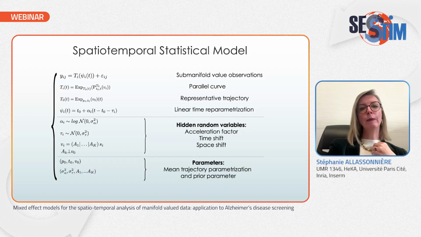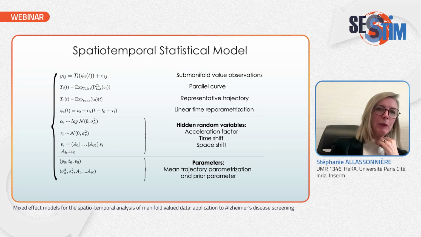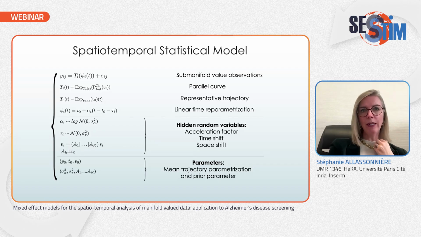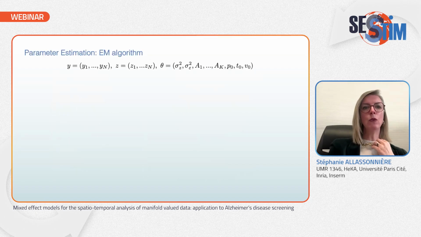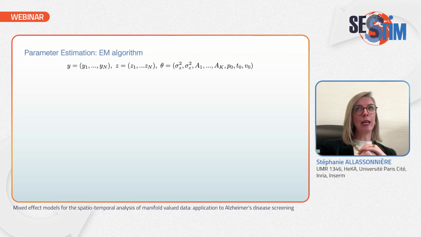So what is interesting is that this model looks ugly, but mathematically speaking, it isn't ugly at all. It is quite interesting because we have algorithms that we can design to estimate the parameters given the initial observations. And these types of algorithms are the expectation maximization type algorithms.